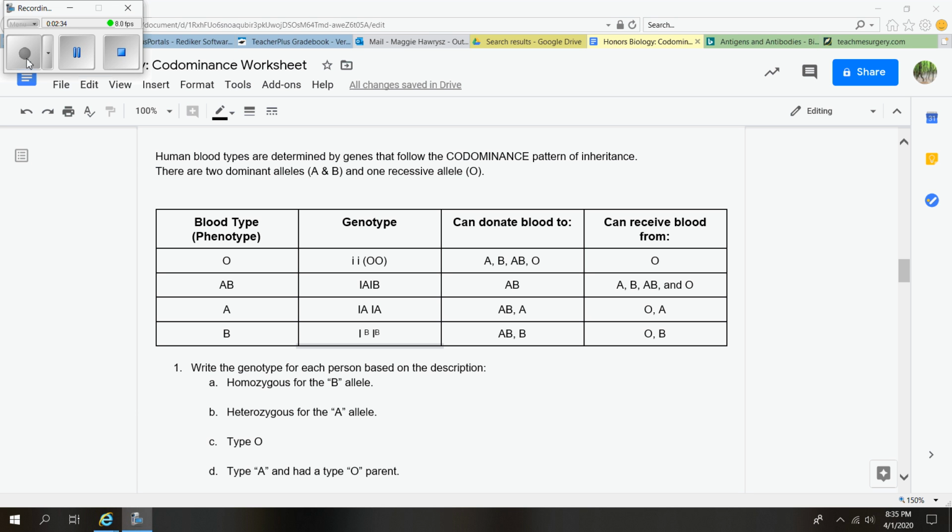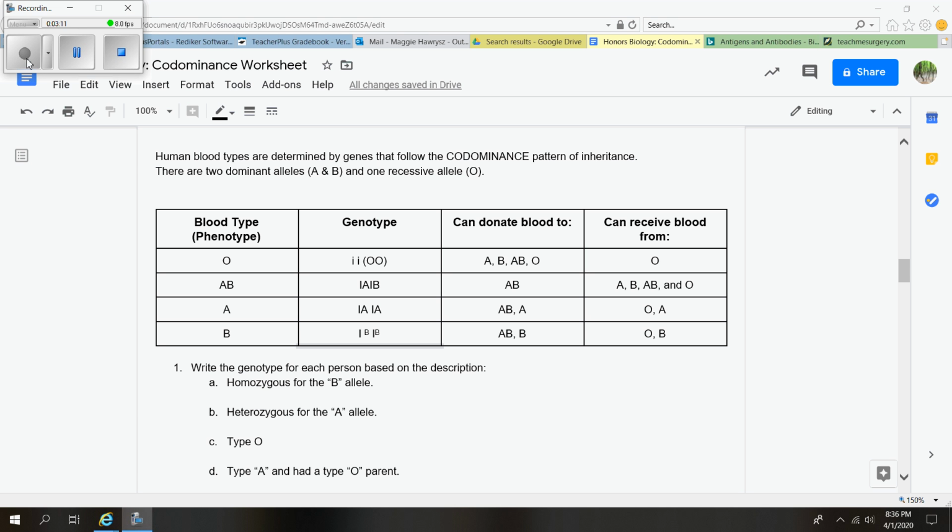I'm just curious as to if any of you know what your blood type is. You probably don't. I know that I didn't find out what my blood type was until I was probably in high school. And I had to ask my mom, and my mom told me. So if you're wondering what your blood type is, ask your parents. They probably know. But if they don't, if your parents both know what their blood type is, you could probably get a good understanding of the possible blood type you could have, depending upon what their genotypes are.